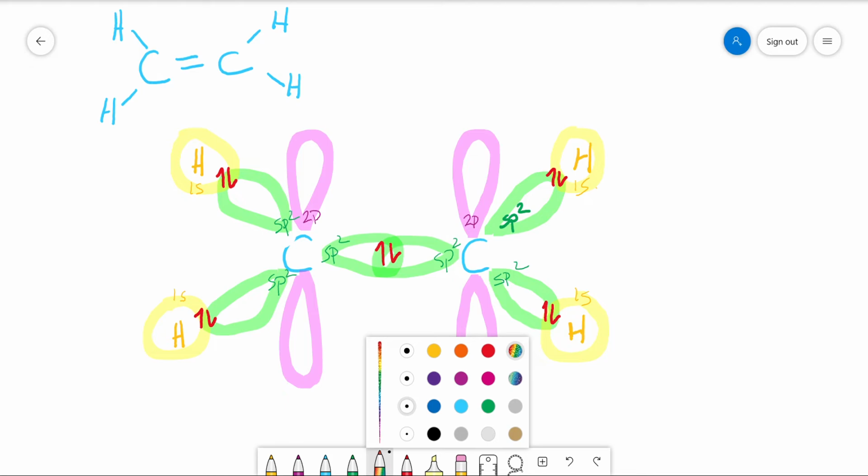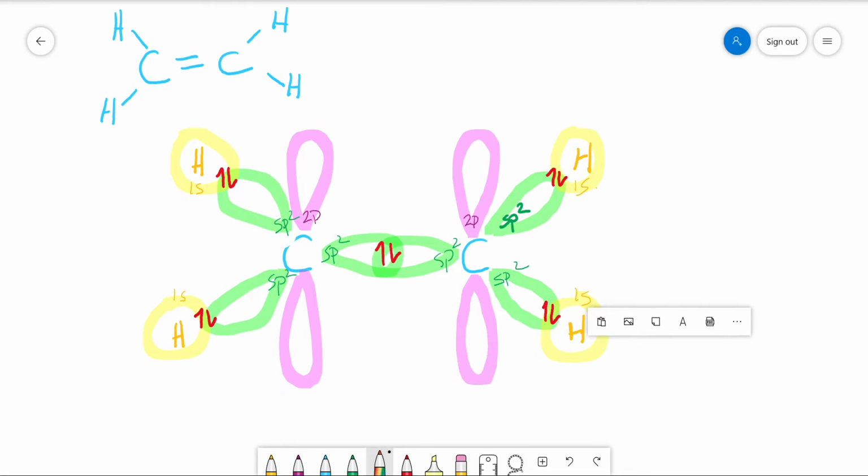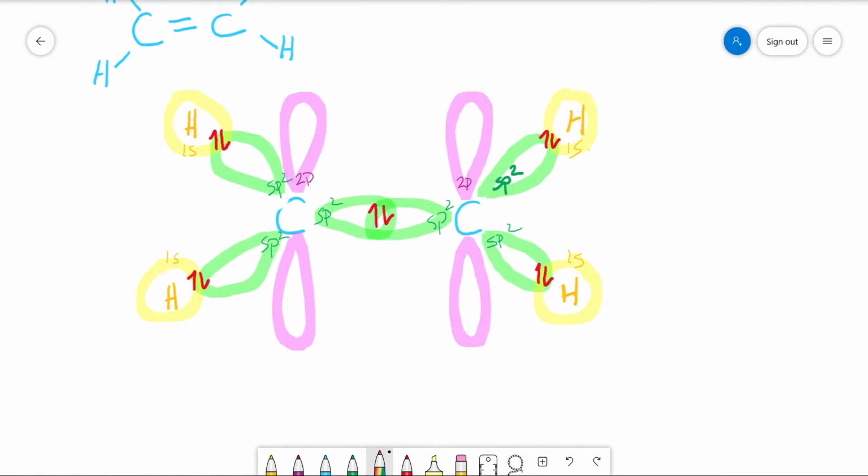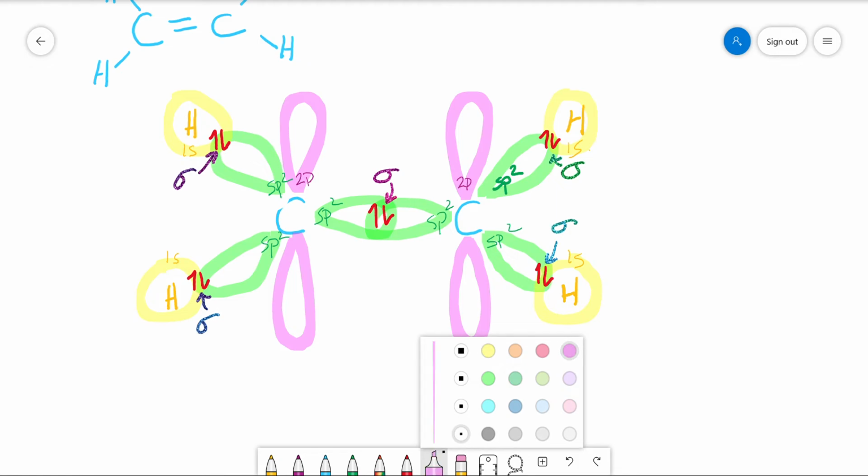Let's do rainbow pen, just for the heck of it. These are sigma bonds. Sigma bond, right there. Sigma bond, sigma bond, sigma bond. And what about this one? Sigma bond.